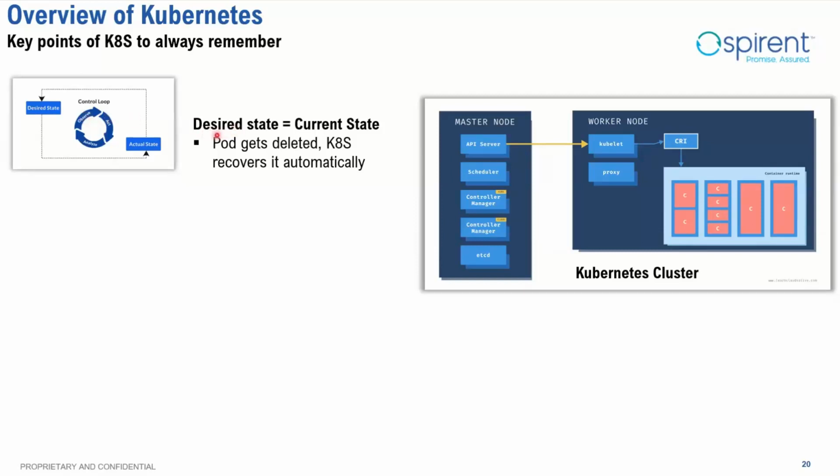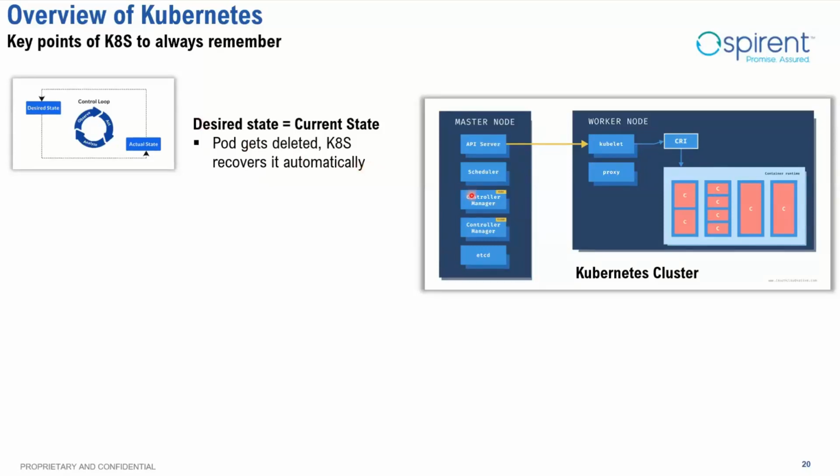But what the controller manager will do is, if one of them fails, it will recover it. It will heal it automatically. That's the beauty of the controller manager. So desired state is equal to current state. My desired state, I intend that my application should always run with 2 container instances.